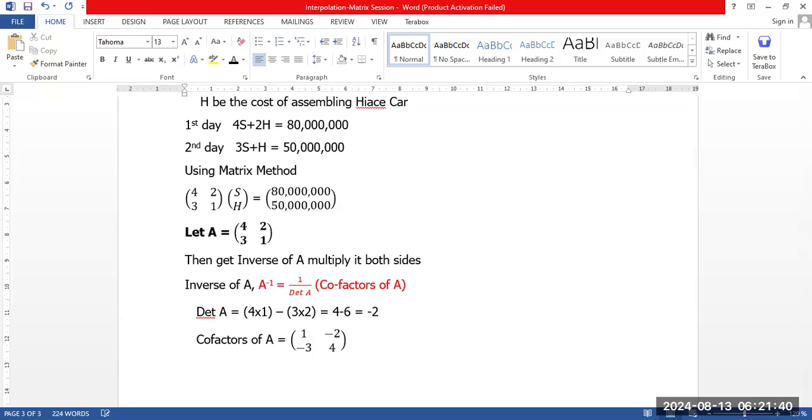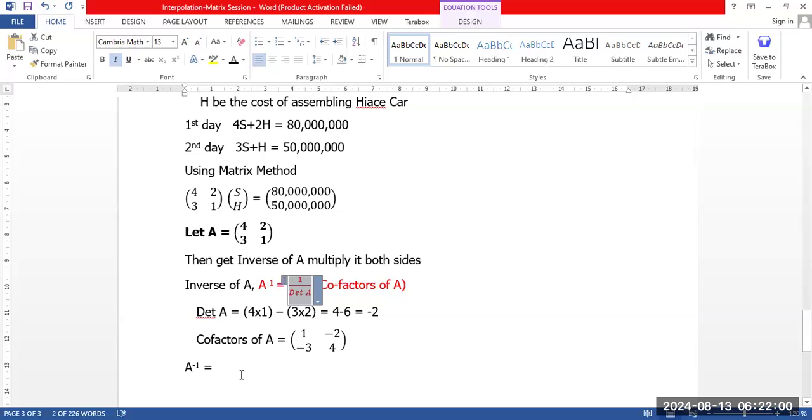Once you get the cofactors, we substitute in our formula. Inverse of A will be equal to, we substitute.